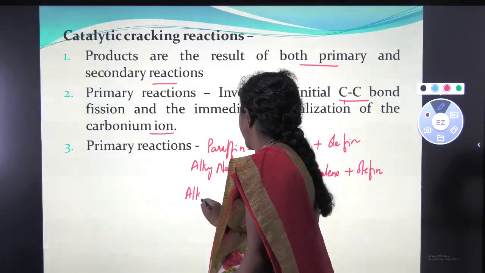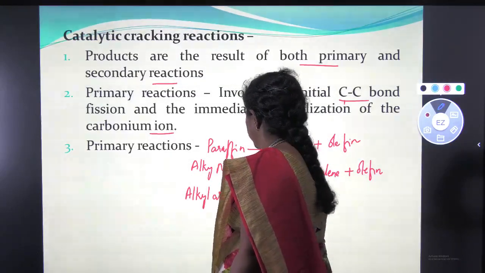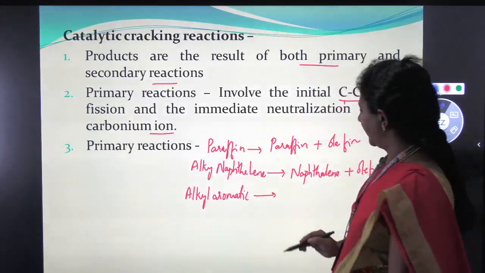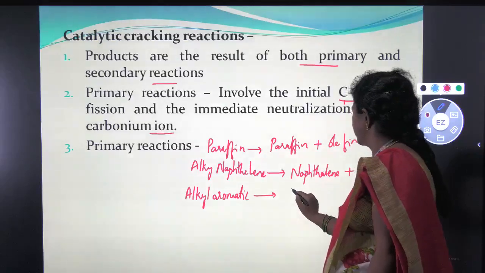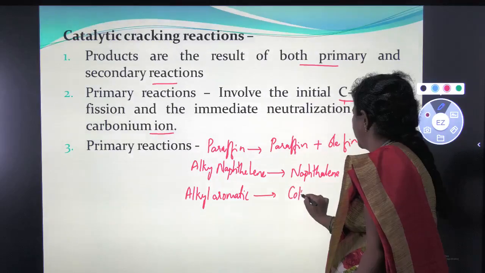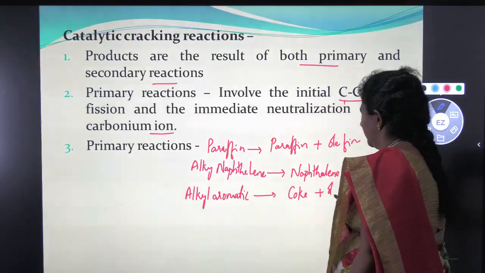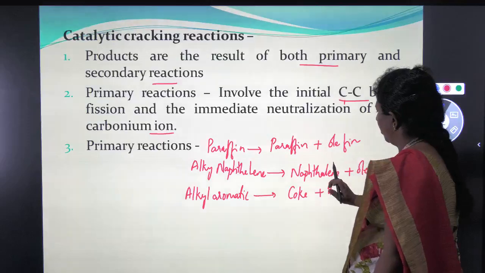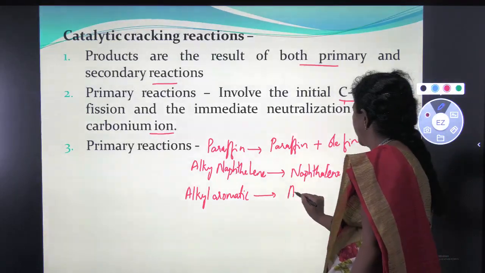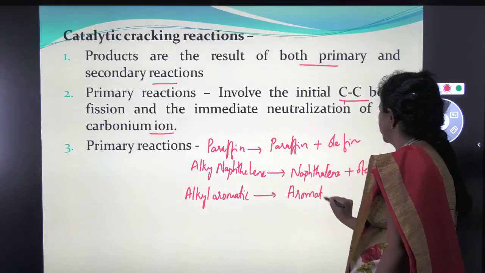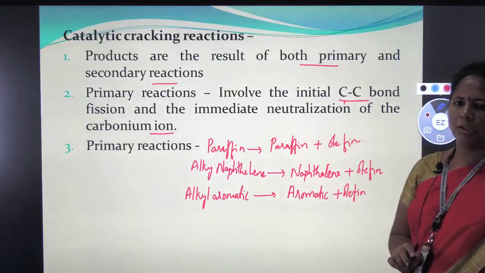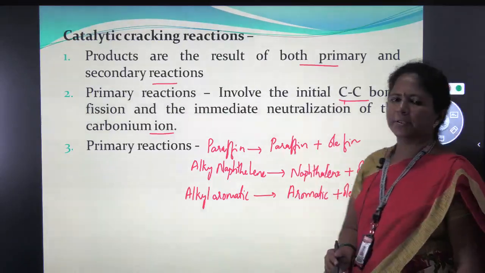If it is alkyl aromatic compounds, they will be cracked into coke plus, or if it is an aromatic compound, it will be cracked into aromatic compound plus olefin. So in this way the primary reactions take place.